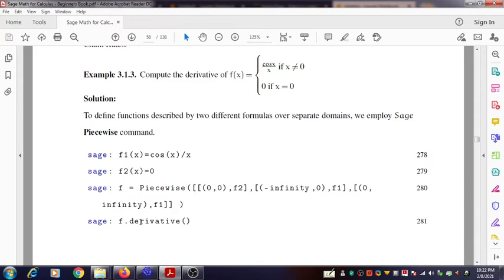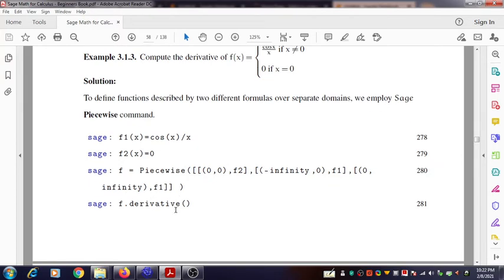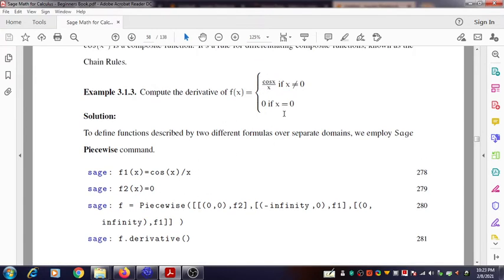After that, the derivative command is used to obtain the derivative, but we are not much interested in applying it together with this function, because we are more interested in displaying this kind of piecewise defined function, these combined functions.